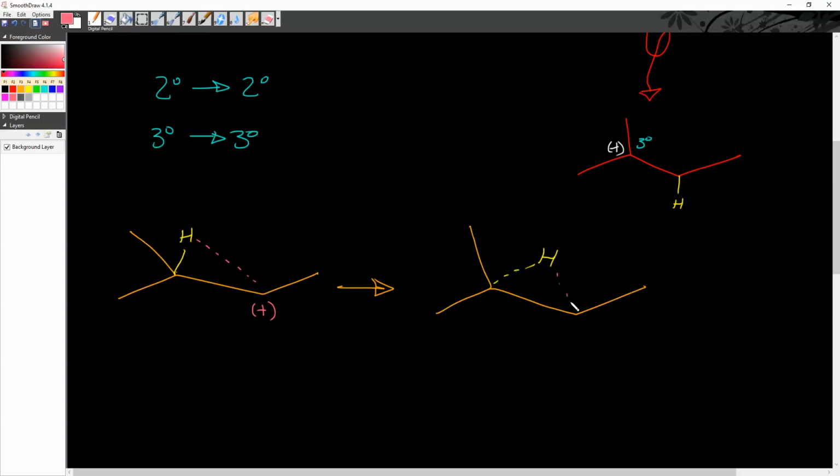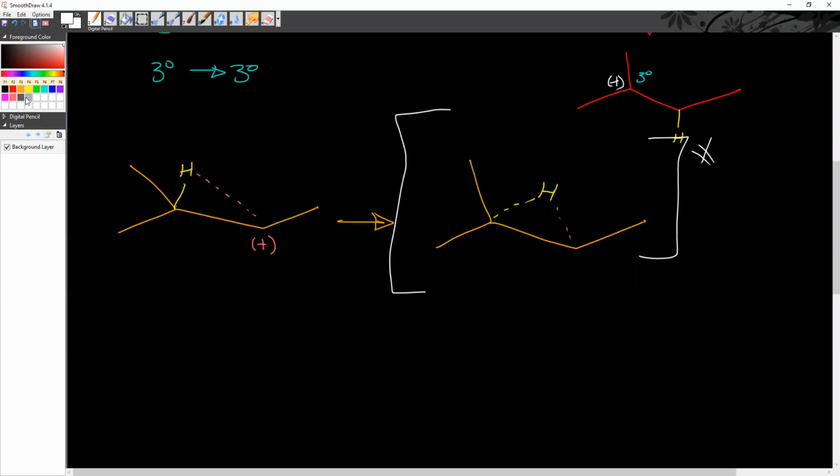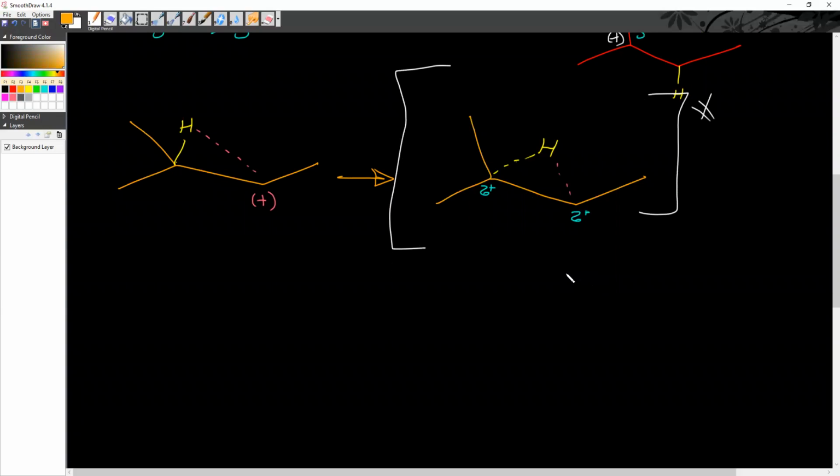We can put big brackets around this and a double dagger to show that this is just a potential intermediate. We've moved the positive charge in between the two carbons, creating a positive zone. From here, the hydrogen can either go back and we reset where we are, or it can continue forward and we end up where we expect. We have our hydrogen movement, the carbocation rearrangement, and now the charge is over here.